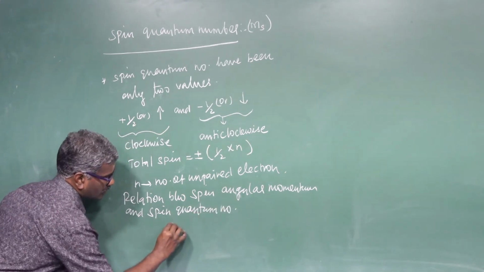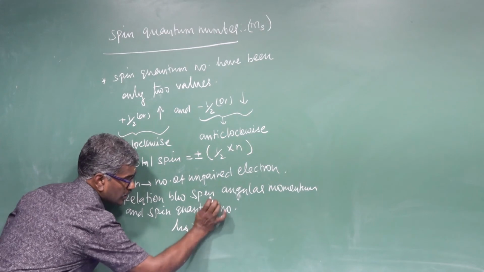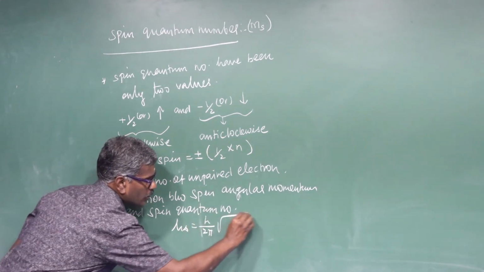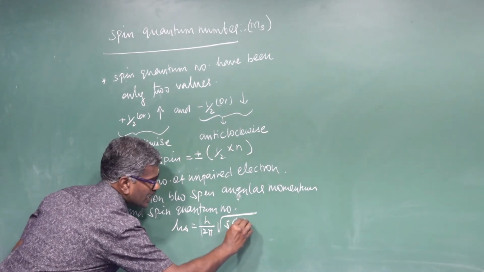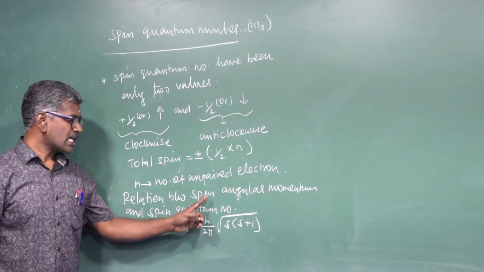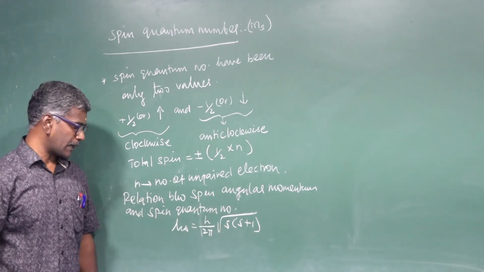That is mu s equal to h by 2 pi times the square root of s into s plus 1. Here mu s is nothing but spin angular momentum, s is nothing but spin quantum number.